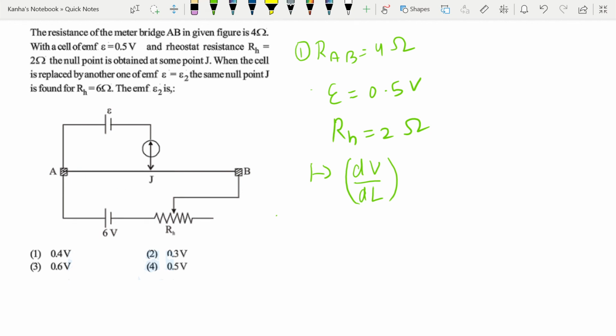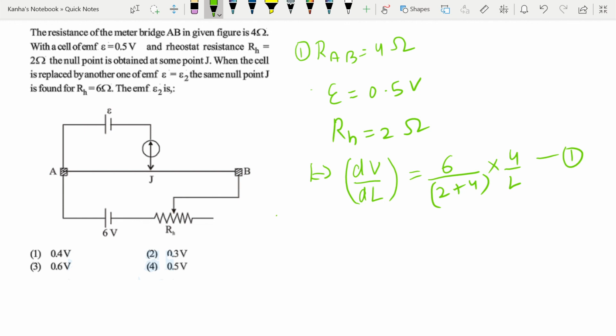So dV by dL is nothing but 6, which is the total potential drop across it, divided by 2 plus 4, because the RH and your entire AB are in series. Next, you multiply it by 4 by L. I'll first mark this equation.